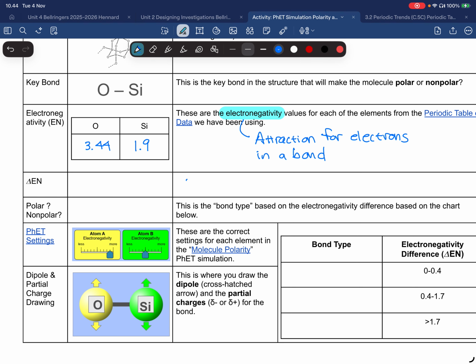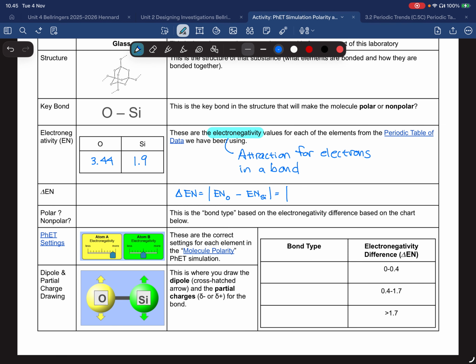Now you are going to do what is called an electronegativity difference, or a delta electronegativity. The delta electronegativity is equal to the absolute value of the electronegativity for oxygen minus the electronegativity for silicon. Absolute value means that it's always going to be positive.